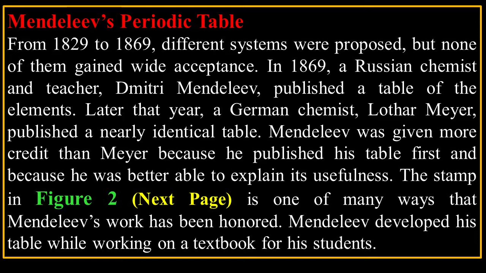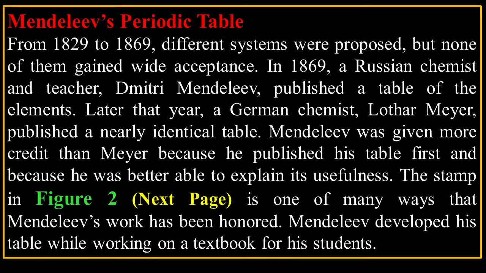In 1869, a Russian chemist and teacher, Dmitry Mendeleev, published a table of the elements. Later that year, a German chemist, Lothar Meyer, published a nearly identical table. Mendeleev was given more credit than Meyer because he published his table first, and because he was better able to explain its usefulness.